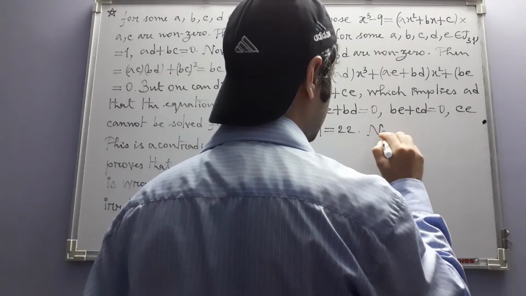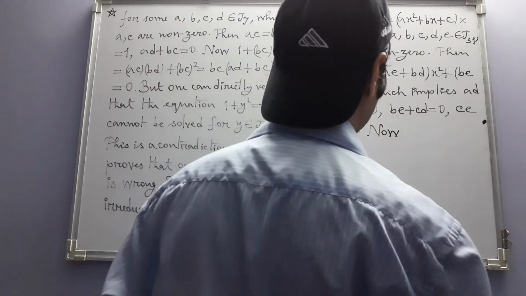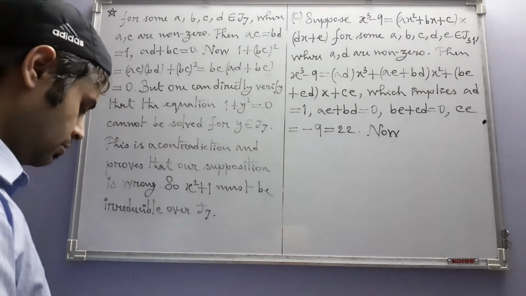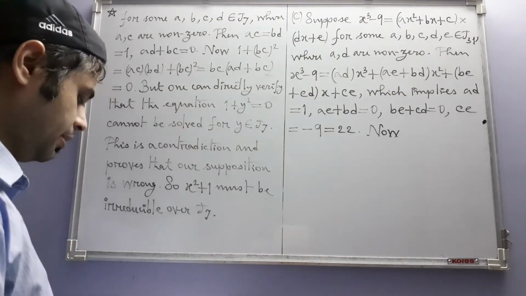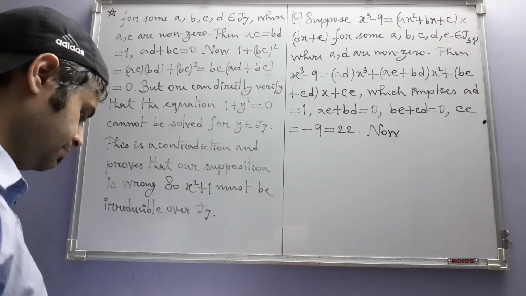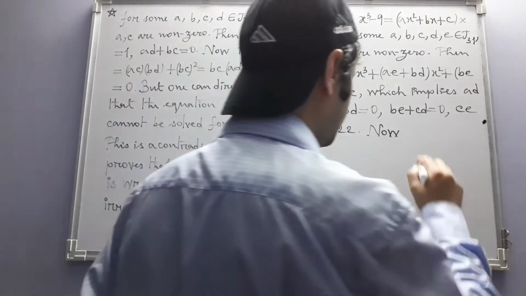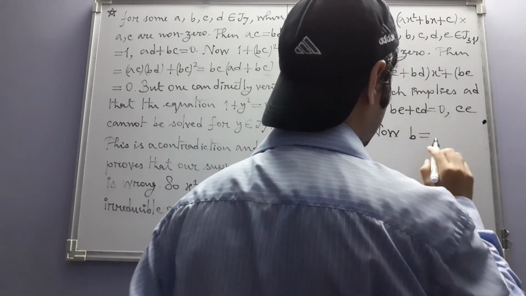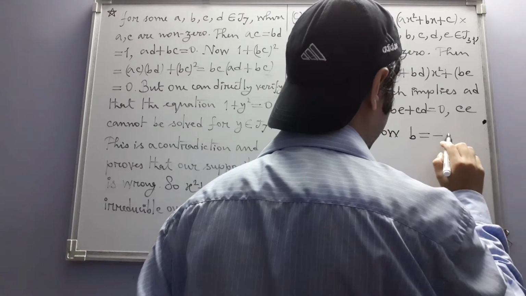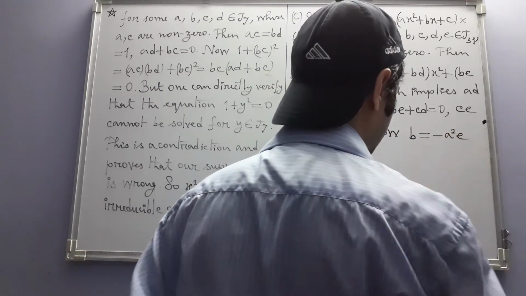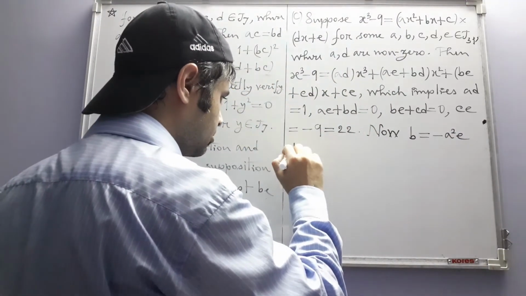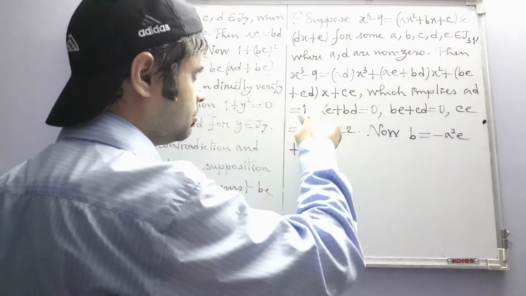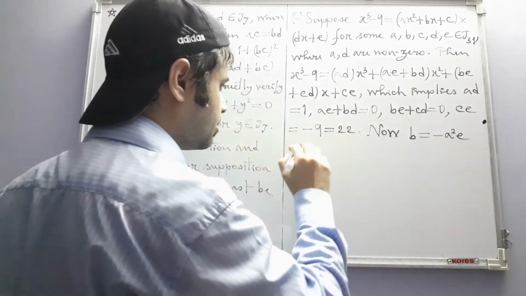Now we start with two things. One of them is B. B can be written like this. In place of B we can write minus A square E plus... AD is equal to 1.